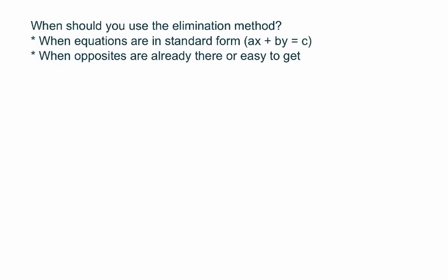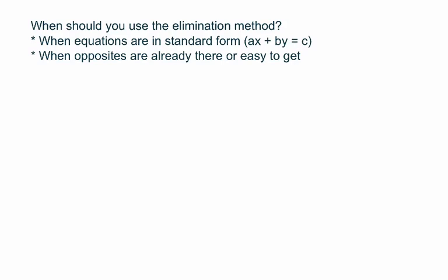Last little piece of notes here is when should you use the elimination strategy? We talked about when you should use substitution. So when should you use the elimination method? Typically you'll use the elimination method when equations are in standard form. That's your ax plus by equals c.